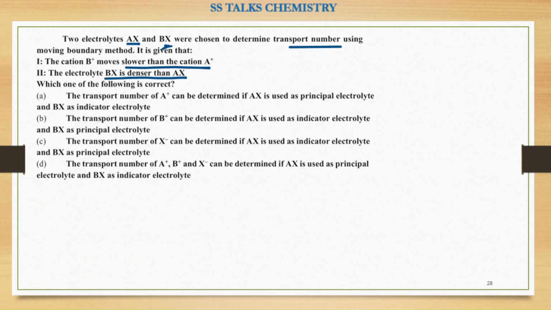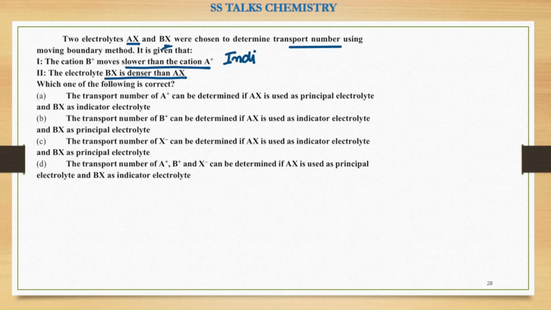In the moving boundary method, there are two electrolyte solutions you use. One is called the indicator electrolyte, and the other is the desired electrolyte, that is, the one containing the cationic species whose transport number we want to find out.